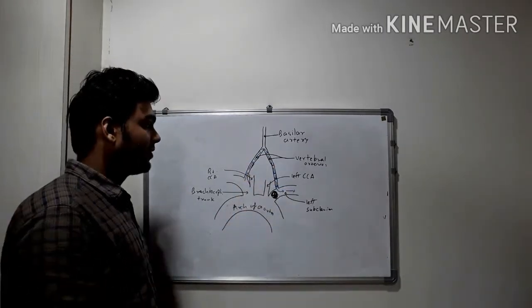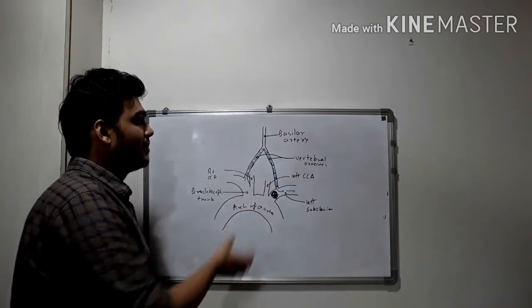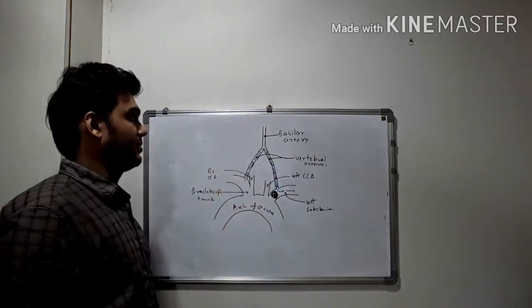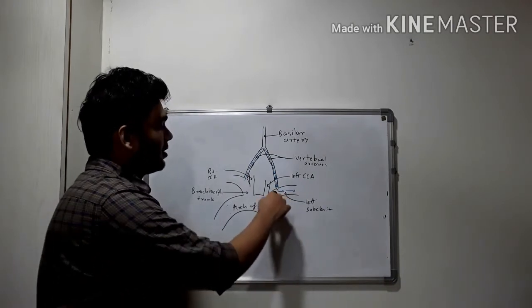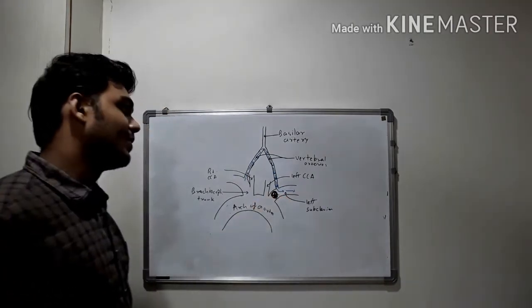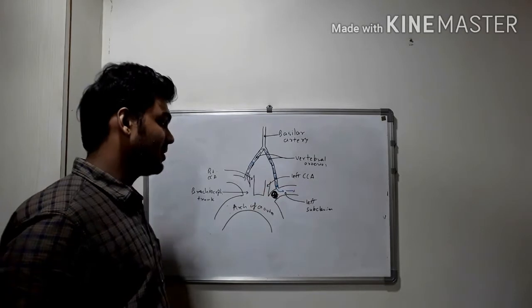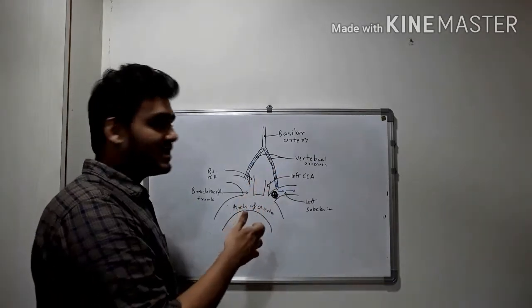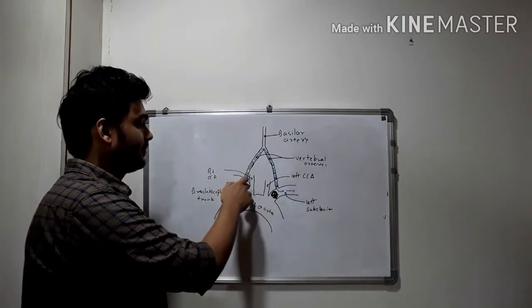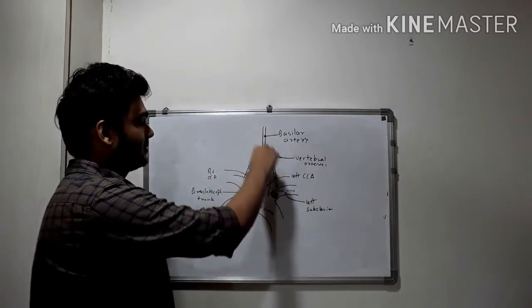Now both the vertebral arteries, each from one side, combine to form the basilar artery, and this basilar artery supplies some areas of brain. So if there is a blockade of left subclavian artery, then the blood cannot go further. To compensate, to continue its blood supply, this left subclavian artery steals blood from the right subclavian artery through these vertebral arteries.